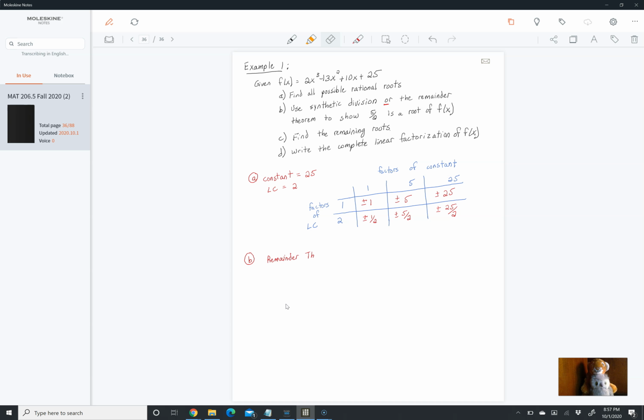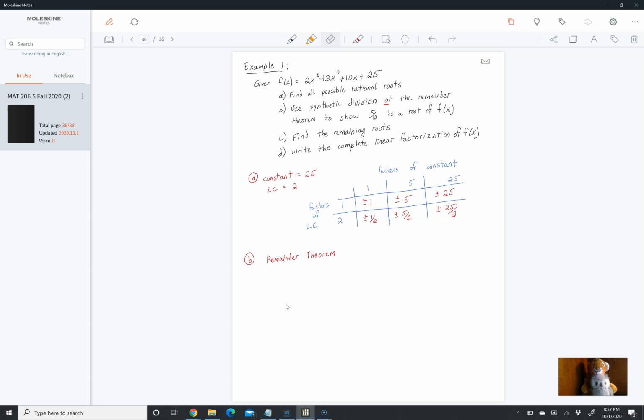So the remainder theorem says if we plug in 5 over 2, and we get 0, then 0 is the remainder. Factor theorem says that 5 over 2 is actually a root, meaning x minus 5 over 2 is a factor.